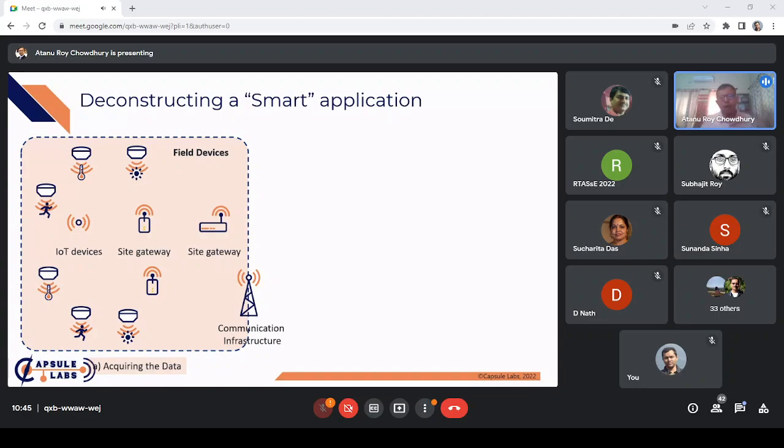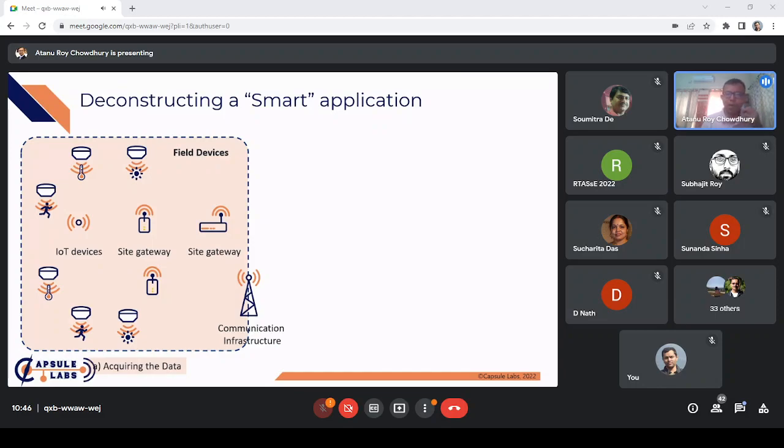So there are about 100, 120 odd protocols available for communicating from a particular device, bringing the data out there. Now you also have to understand that over time, this kind of automation has been happening in various application areas, so several protocols have been created over time.